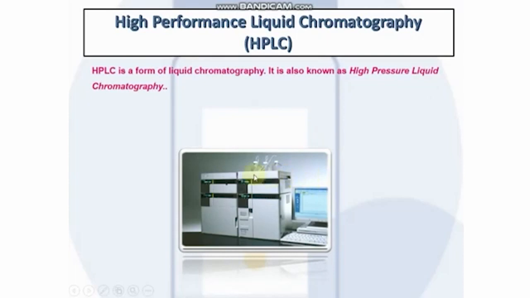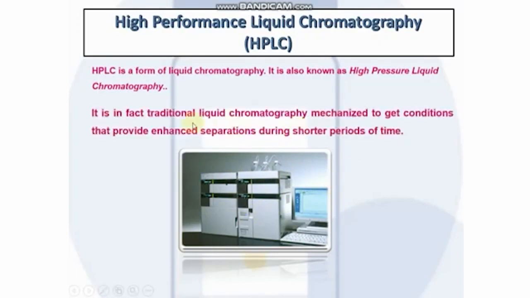It may be called an automated version of liquid chromatography. It is in fact traditional liquid chromatography mechanized to get conditions that provide enhanced separations during shorter periods of time.